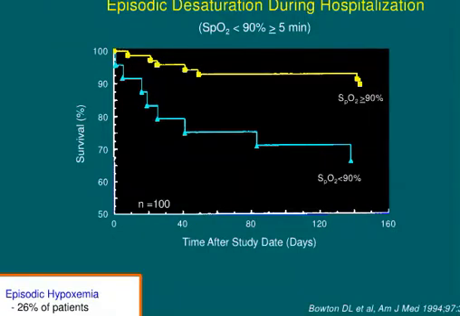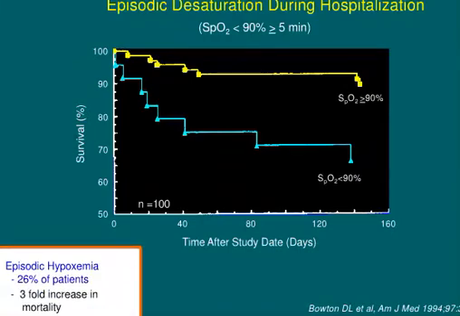The effect of episodic hypoxemia or desaturation was evaluated in this study in about 100 patients on a general medicine ward. What they found is that hypoxemia was present in about a quarter of the patients. Interestingly, it was associated with a threefold increase in mortality when they followed these patients 4 to 7 months later.